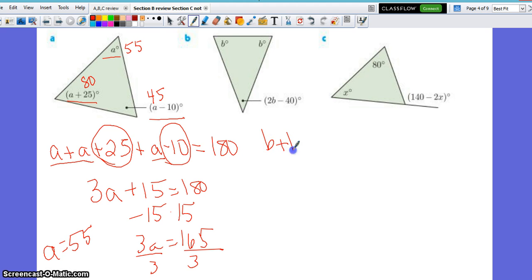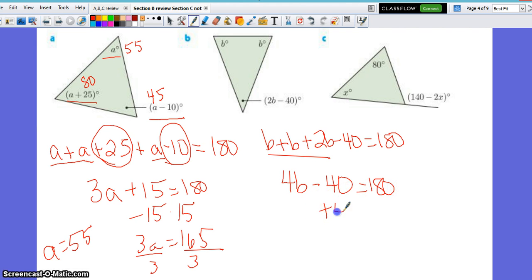B plus 2B minus 40 equals, what do all triangles equal? 180. Combine like terms. 4B minus 40 equals 180. Add 40 to both sides. Now we're just solving an equation.